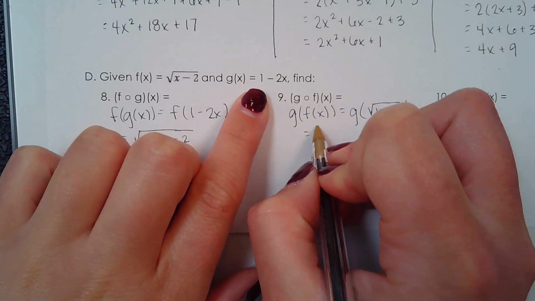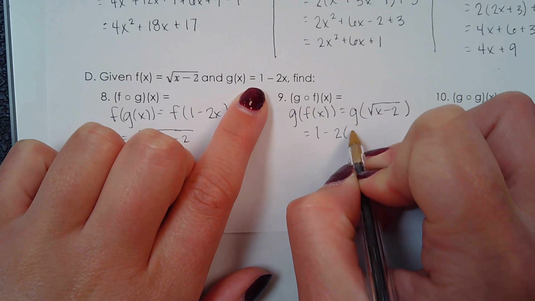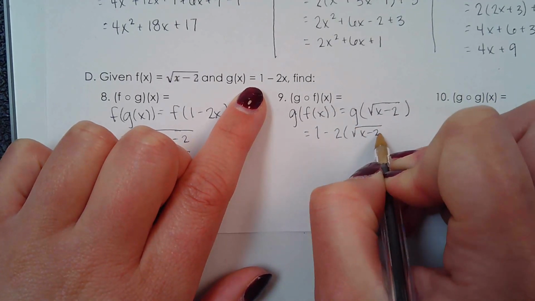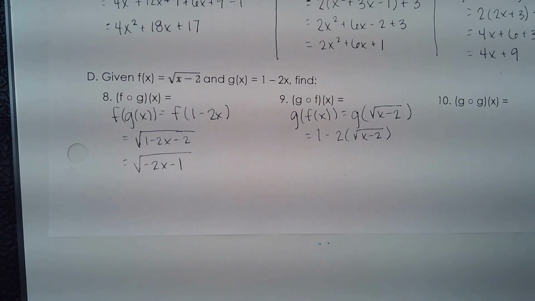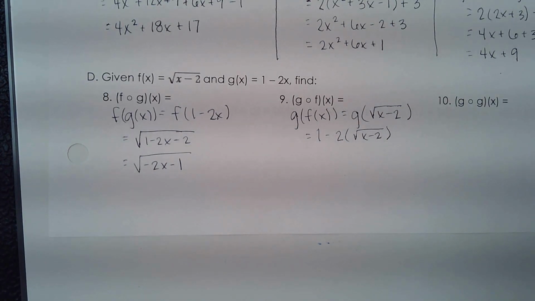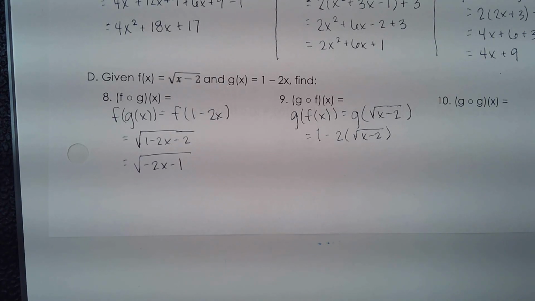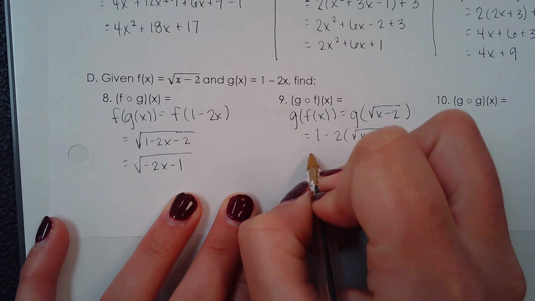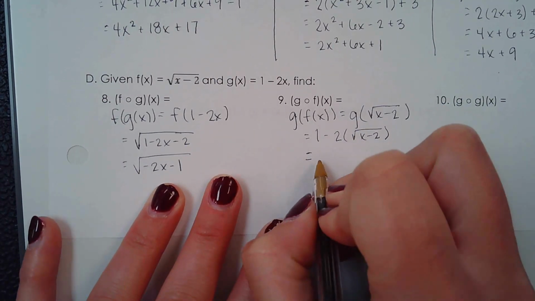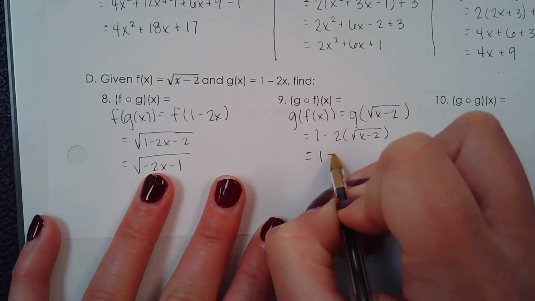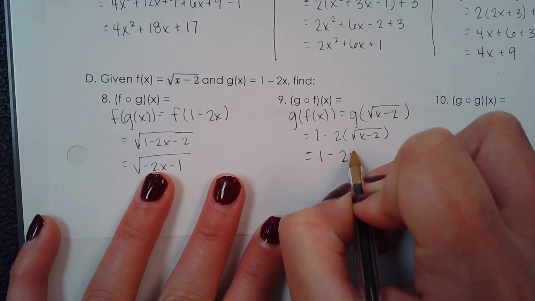So we'll have 1 minus 2 times the square root of x minus 2. Is there anything we can do to simplify that? Nope, because it's 2 times all that square root stuff, so it's attached. There's nothing else we can do. Is that okay? I'm going to rewrite it without the parentheses because I think it's a little confusing to see it with those parentheses. But there's nothing else you can do to simplify that, so you can just leave it.